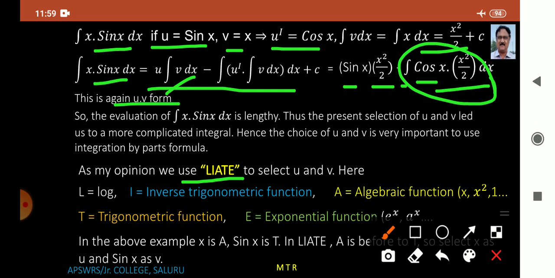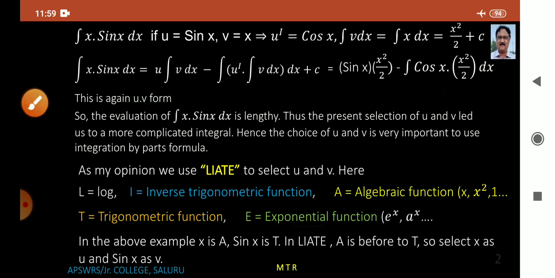I means inverse trigonometric functions. A is algebraic functions; algebraic functions mean x, x square, etc. 1 is also algebraic because it is x power 0. T means trigonometric functions, that is sin x, cos x, tan x, etc. E means exponential functions, that is e power x, a power x, 2 power x, 3 power x, like that.